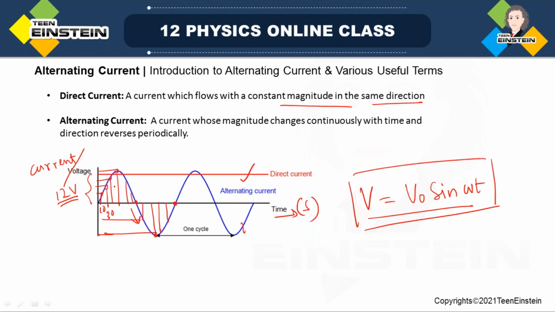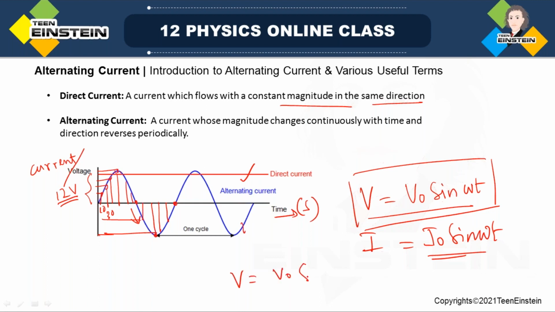So this is value in the sense the magnitude of the signal. If it is a voltage, then voltage signal. If it is current, then current. Current also can be written as I is equal to I0 sine of omega t. So I am writing here sine, since my curve is sine. You can represent an AC signal with cosine function also.